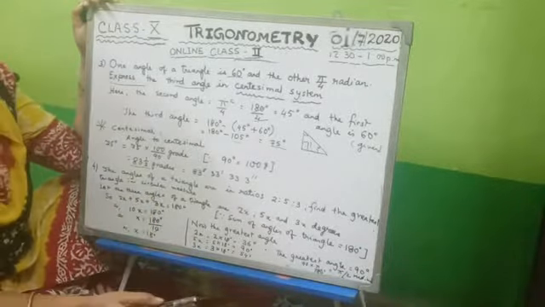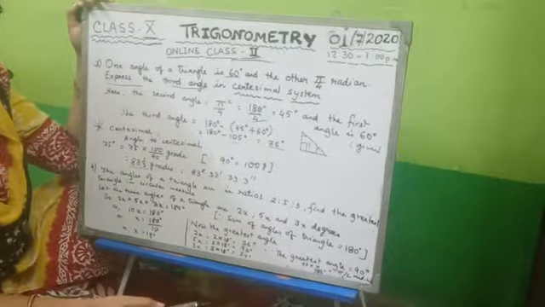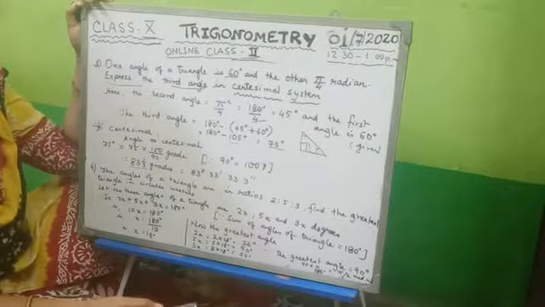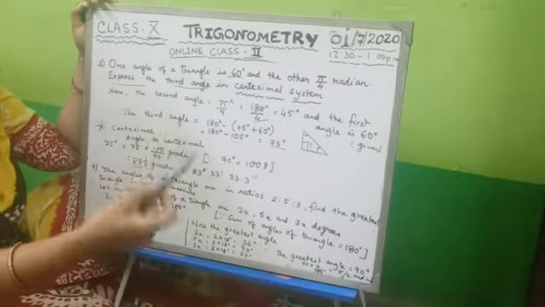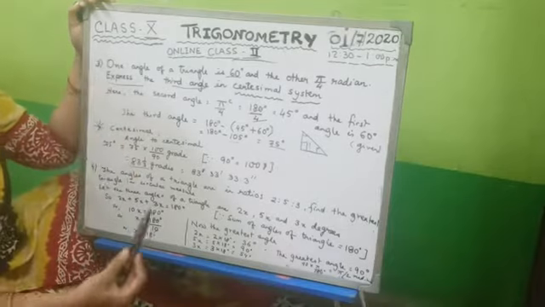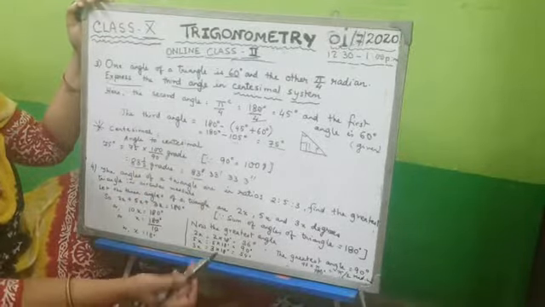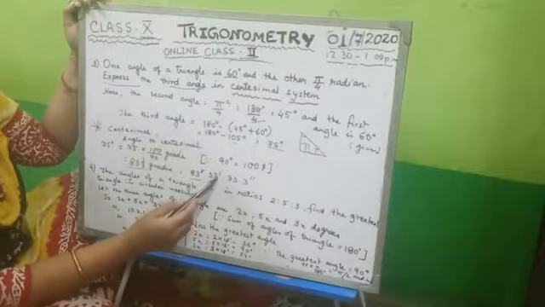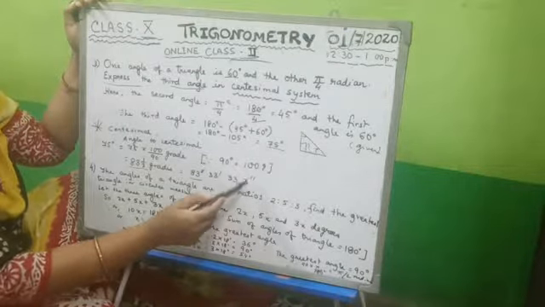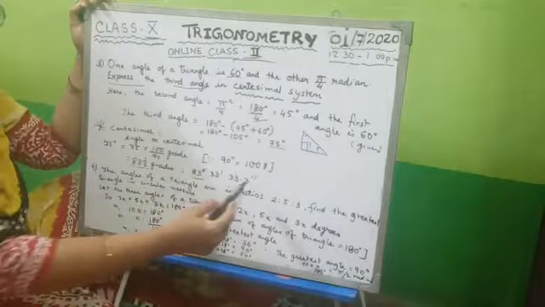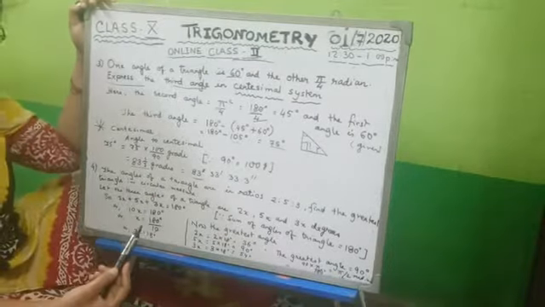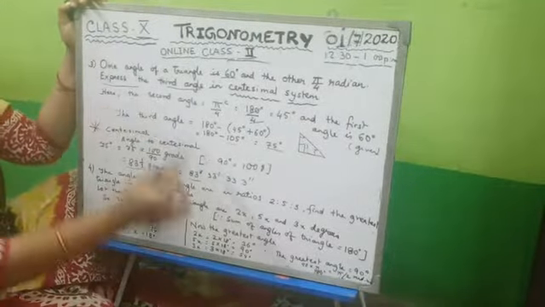1/3 is always what kind of fraction? A recurring fraction. It continues: 3, 3, 3, 3. So we can write it like this: 83 centesimal, 33 minutes and 33.3 seconds because it is continuing. Clear, children? Copy the sum in your copy.